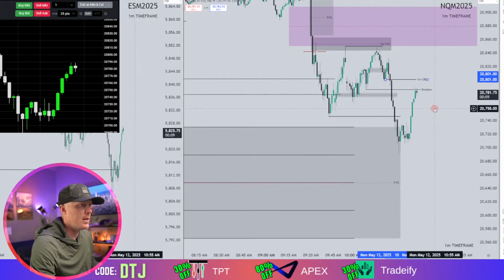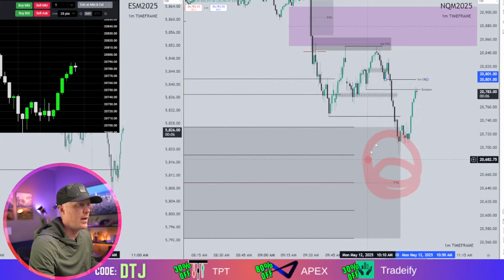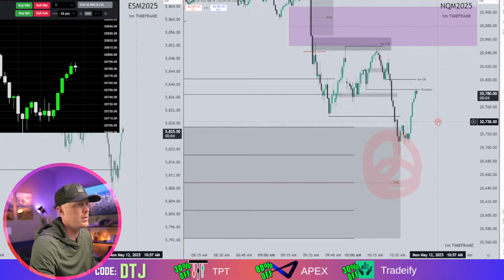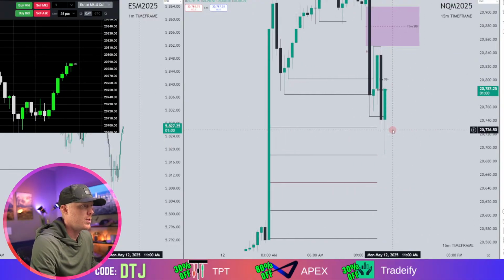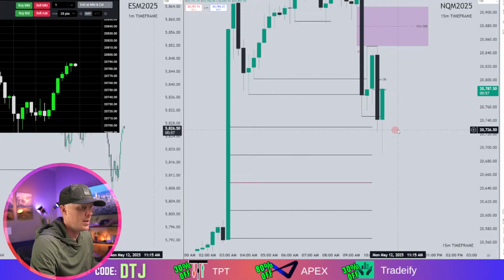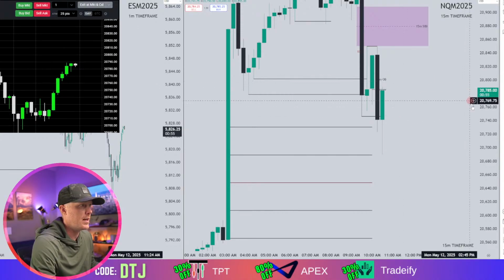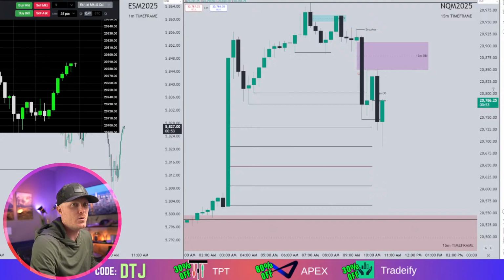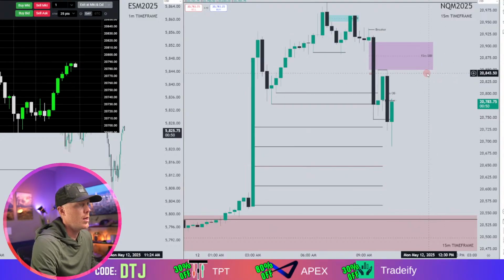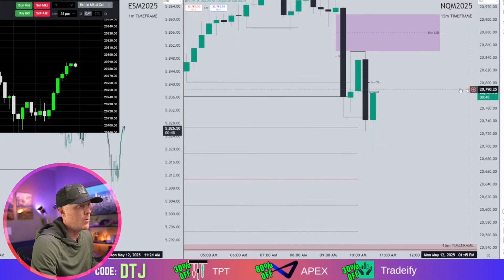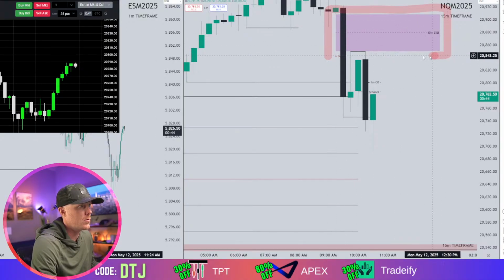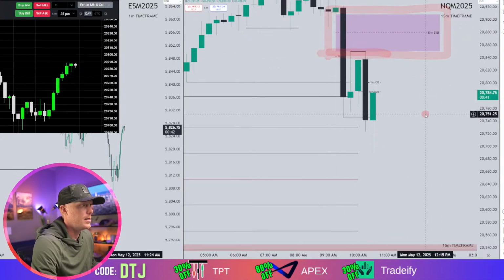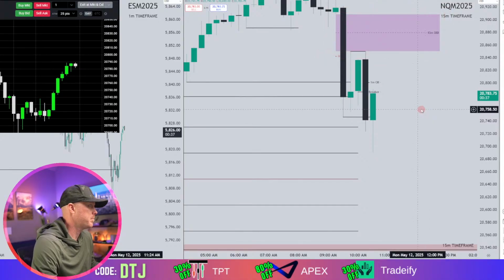Main reason why I'm being careful is because we did hit this fair value gap, and this could be a point of a retracement and move. I'm just going to make sure and be careful. We got 1 more minute before the 15-minute candle closes, so we're going to wait at least 1 more minute to see where that goes. And honestly, I will tell you, I'm not going to lie, this 15-minute fair value gap with these relatively equal highs right here is concerning.